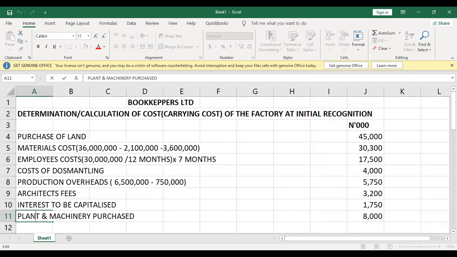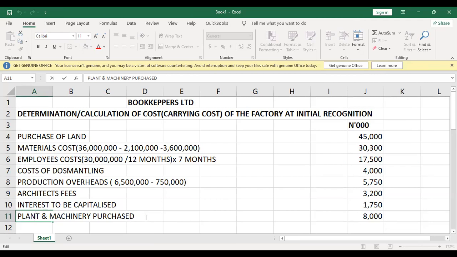Okay, sir. All these costs will have their own different ledger accounts. Yes, this architect's fee, we can open a different ledger account for it. Cost of dismantling, production, plants and machinery as well.